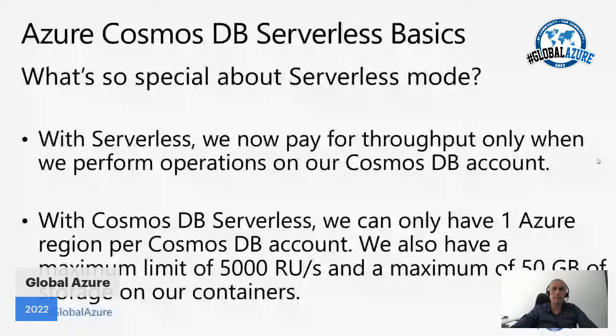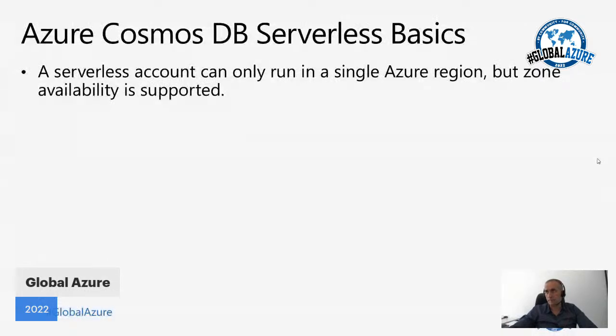This is a limitation you need to consider. You can have many containers, and if you want to use Cosmos DB serverless, you also need to design your Cosmos DB databases on the logical level with specific containers in a way that fits these limitations.